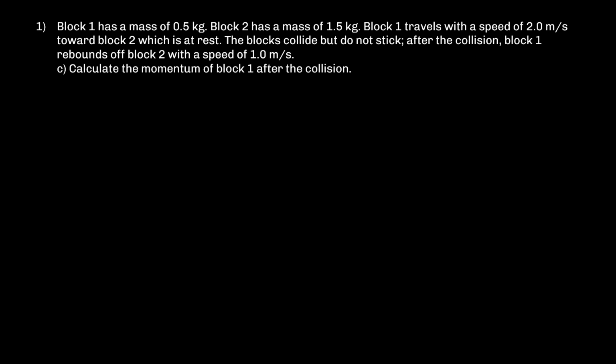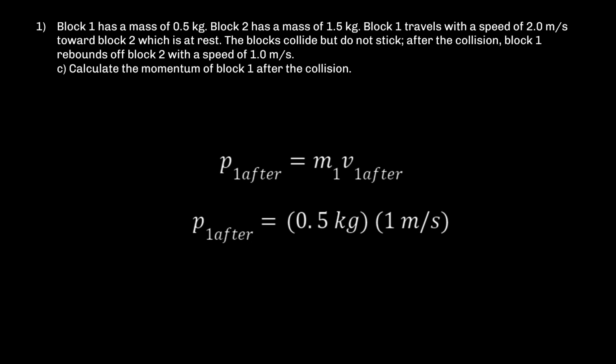So now I'm just going to set up my equation for this. I'm going to start off with here that momentum of block 1 after the collision is going to be the mass of block 1 times the velocity of block 1 after the collision. Again, I just have m1 because that doesn't change for either situation. Then I'm going to plug in my numbers here.